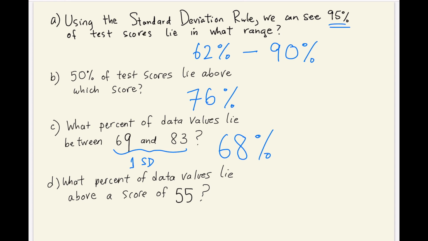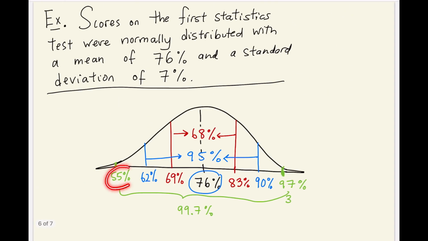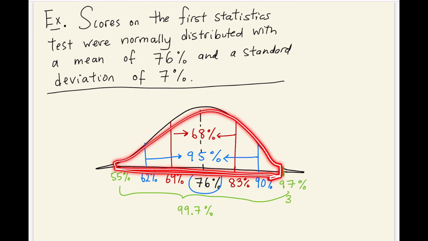Finally, what percent of data values lie above a score of 55? Again, going back to my distribution, I can see 55 is down here. So that is three standard deviations below the mean. So I happen to know that 99.7% of the data values lie between 55% and 97%.